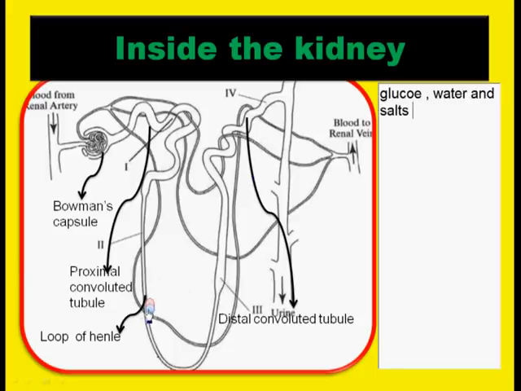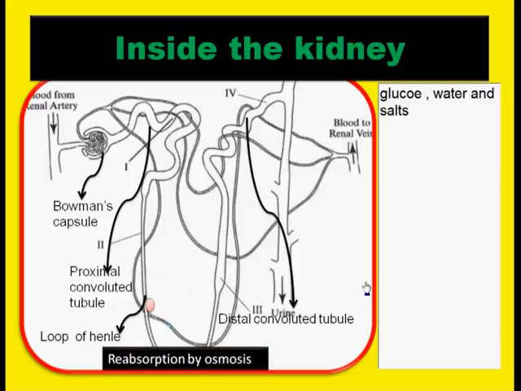Now this blue object represents pure water. And what happens? It moves into the capillary once again. Okay, so guess what? At the loop of Henle, water is absorbed. Good? By what process? Osmosis.